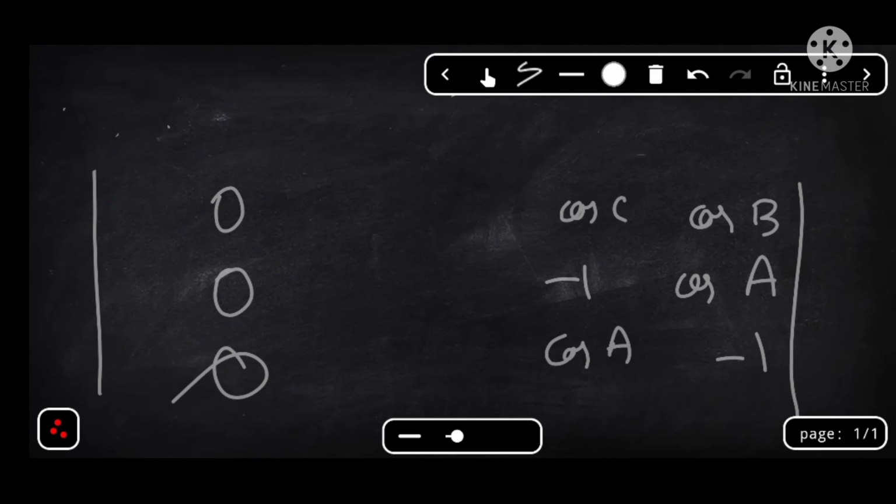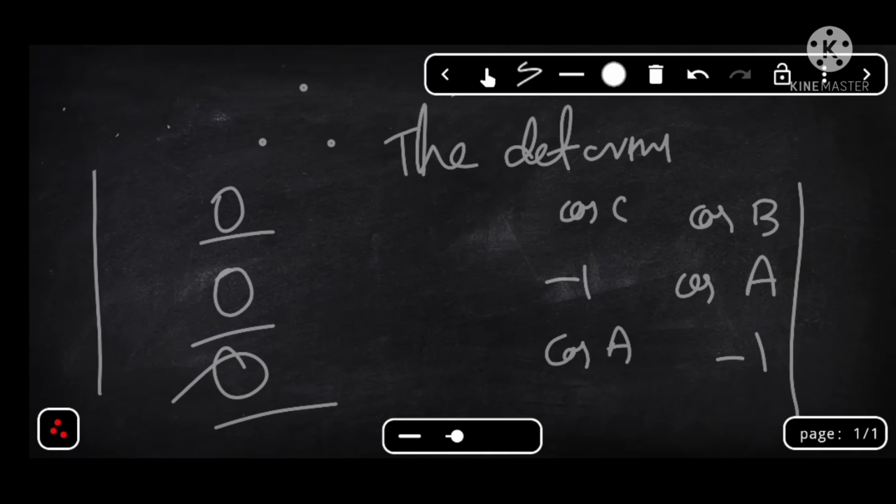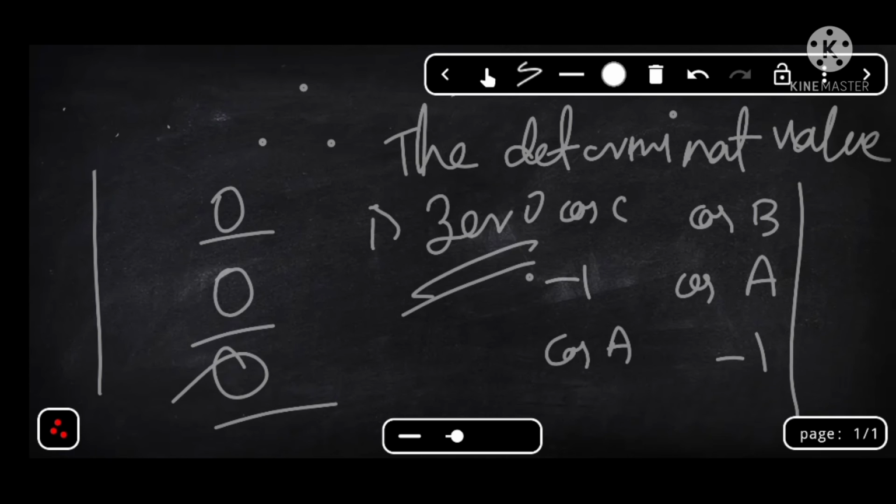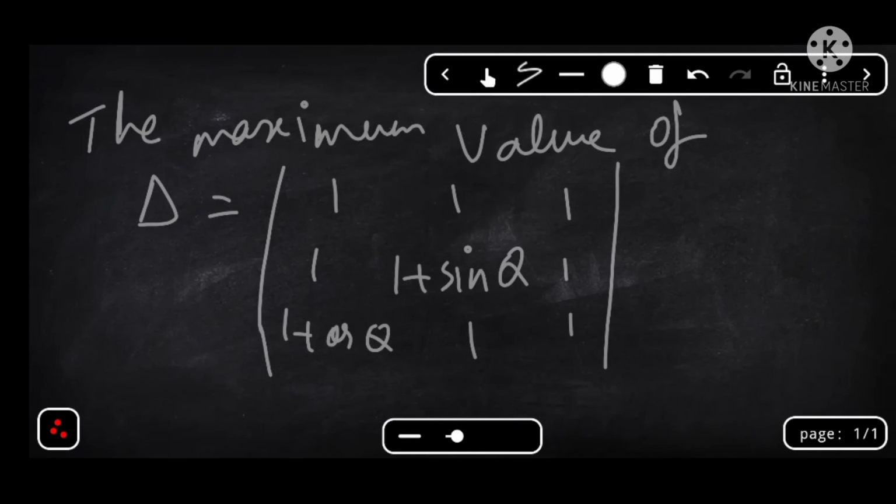So if we take the determinant with respect to these elements, all the values are going to be 0. Therefore, the determinant value is 0.